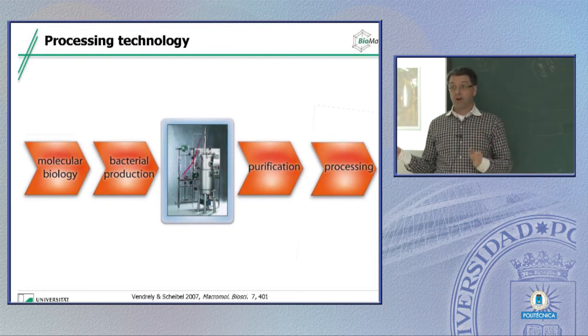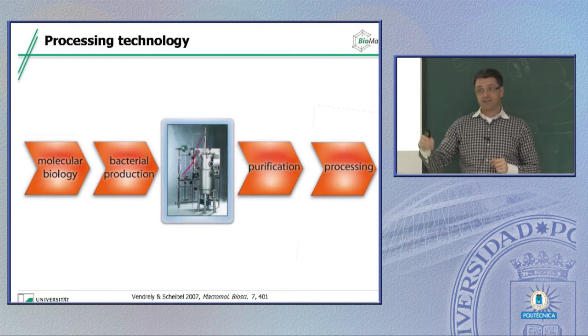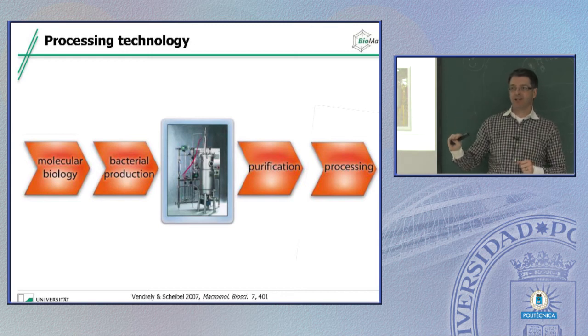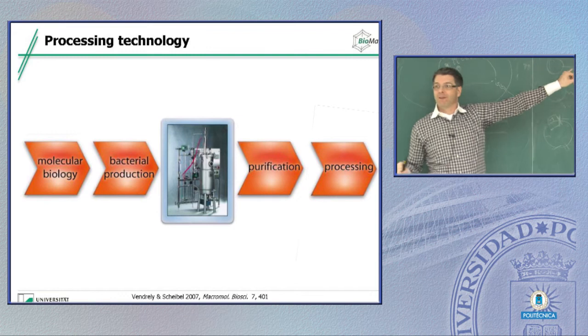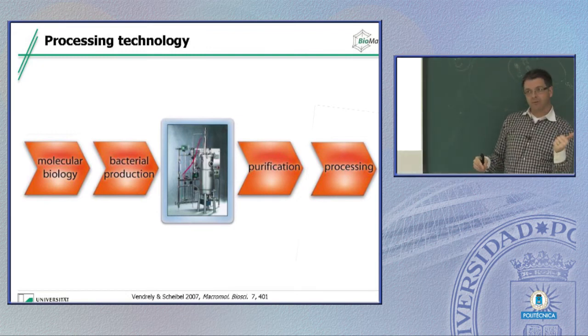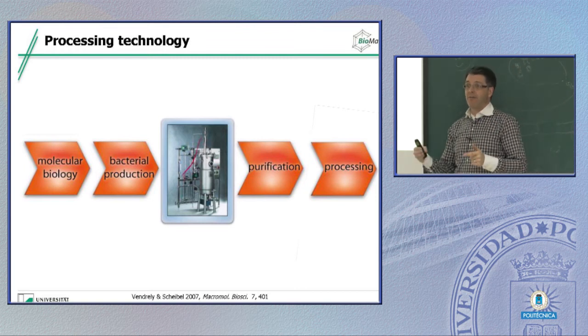And these sugars are also inducing immune reactions, inflammations, and so on. If you do such a technical purification, you will not get rid of the sugars, because the sugars are, A, very thermally stable, B, very soluble, so they will not precipitate. So you have a contamination.